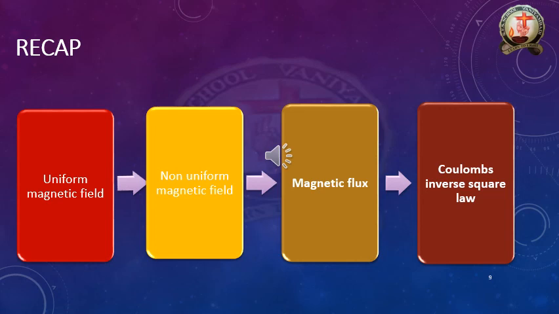So this is the definition of Coulomb's inverse square law. So F is directly proportional to QMA QMB by R square. This is the expression of Coulomb's inverse square law.